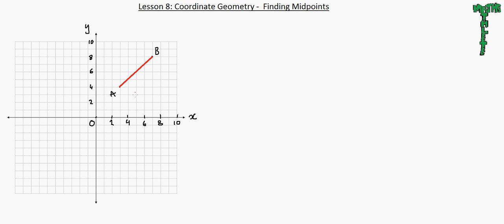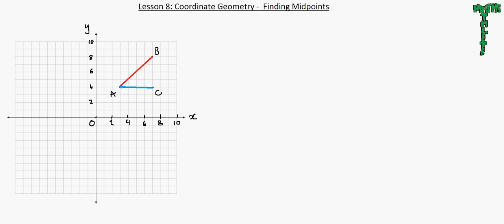Let's work out parallel to the x-axis. Let's label this C. So let's work out the distance from A to C.